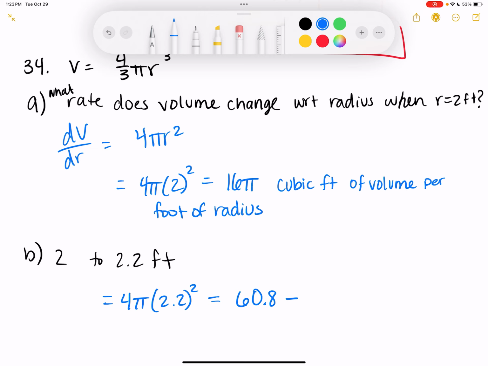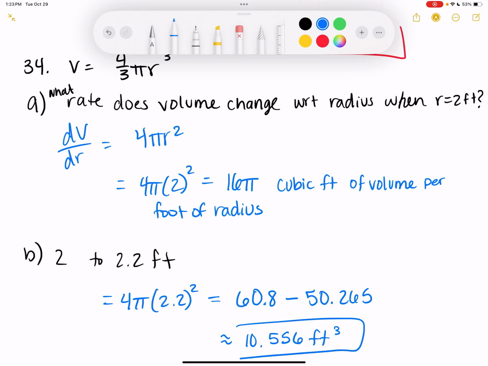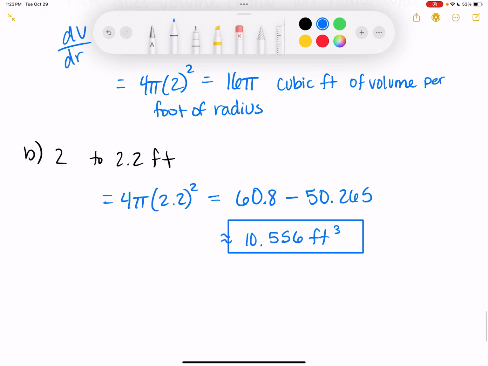Minus 16 times pi, which is 50.265. And so that approximately will be 10.556 feet cubed. So basically just reevaluate it at a different number and then take the difference of the two numbers.